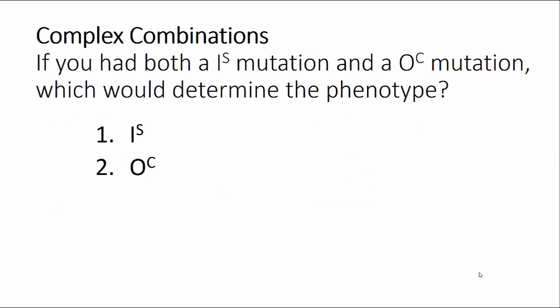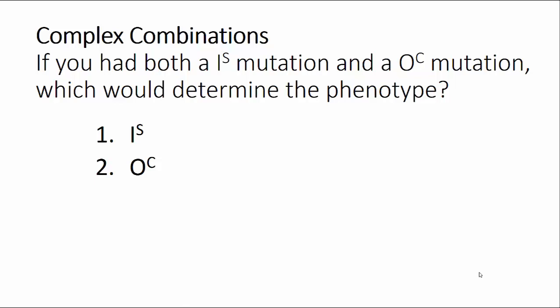To end up, I'd like to discuss two complex situations. So, first example is if you had two things that give opposite phenotypes, which one of those would actually determine the phenotype? And so, say you had a situation where you had a lac-I super repressor, so that one should bind to the operator and completely repress all transcription.